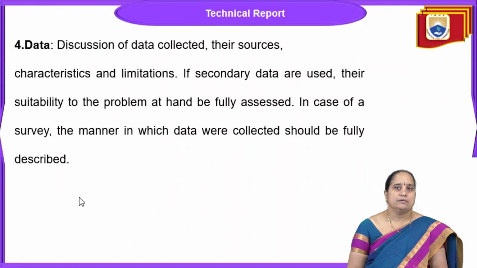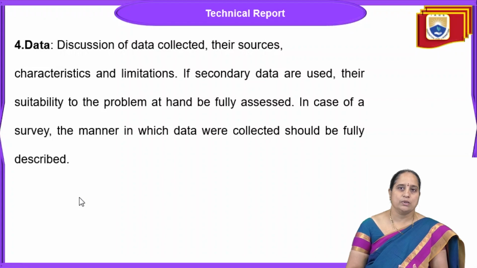Coming to the data, discussion of data collected and framed. Their sources means from where we have collected the data, what kind of characteristics of the data, and what limitations we have while collecting the data. So if secondary data are used, their suitability to the problem at hand be fully assessed.